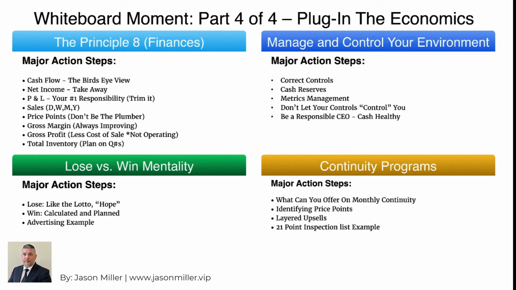First of all, cash flow. Cash flow is so huge in every single business. It's important that you have the cash flow to scale, to grow, and so on. And don't ever be afraid to use the OPM model, other people's money. Use the OPM model for cash flow as much as possible.